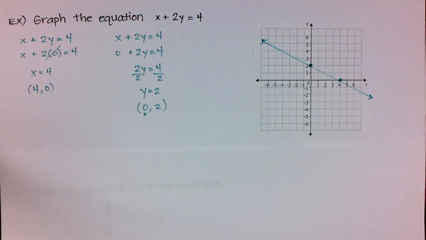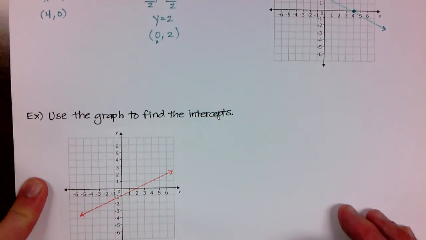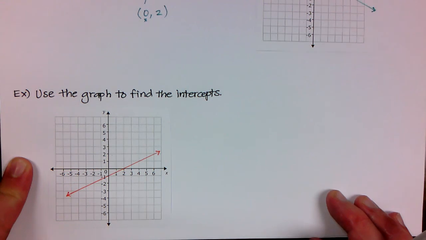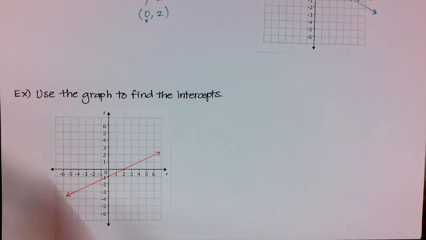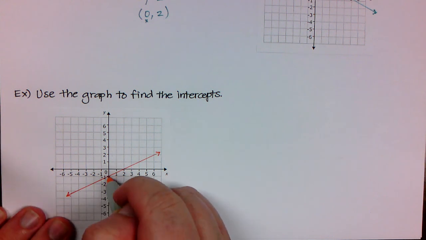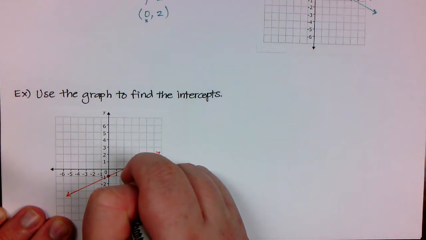Okay. You might also be asked just to look at a graph and to determine what the intercepts are based on the graph. And this is really easy. Okay, I have my graph here, and I'm just going to follow it along until I find out where it's hitting the y-axis and where it's hitting the x-axis.